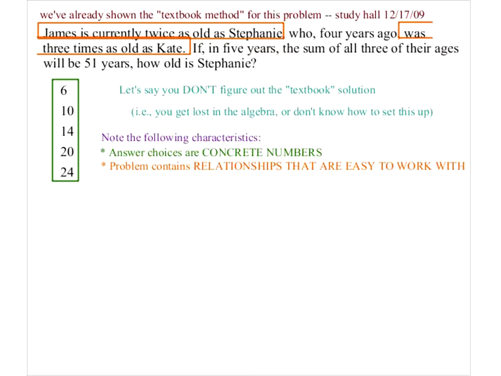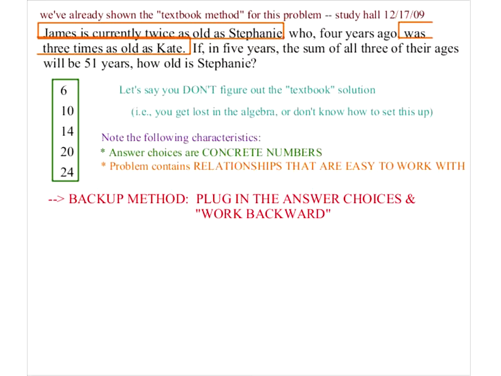And here's what that is. The backup method in this case is plug in the answer choices and work backwards. So here's how this works. The point of this method, before we discuss the nitty-gritty of it, is to avoid doing algebra.